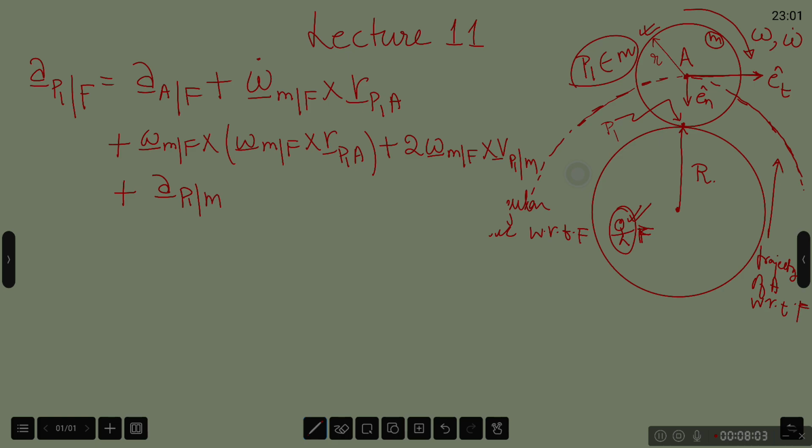This is the expression for AP1F using M as IF and point A as IP. It's good to verify the various indices here before we proceed further. Looks fine to me.